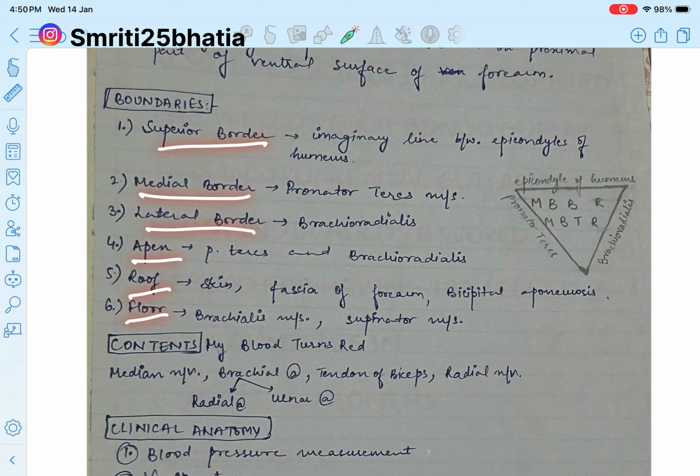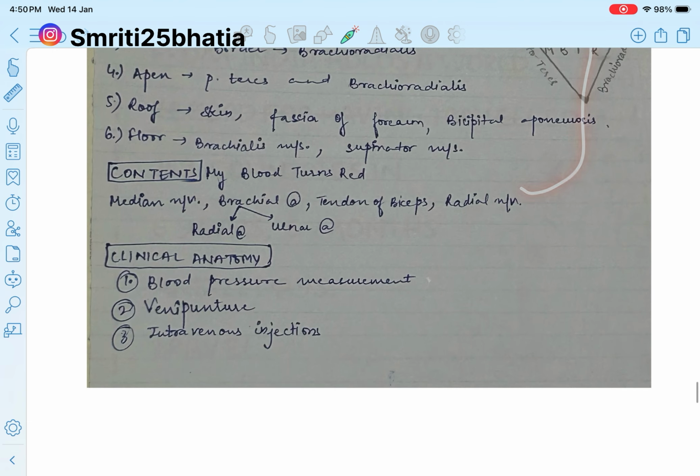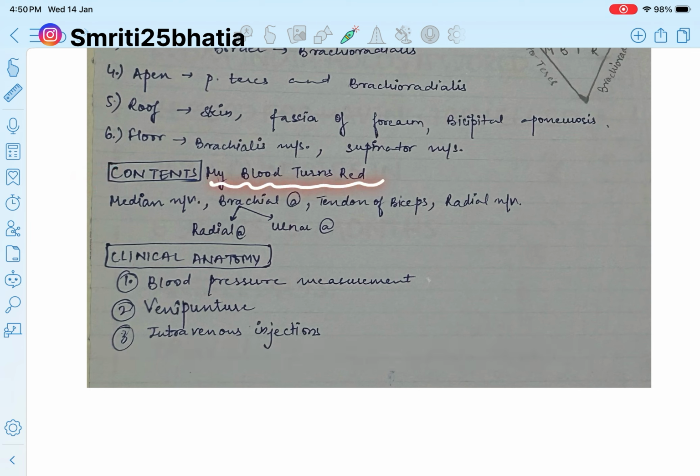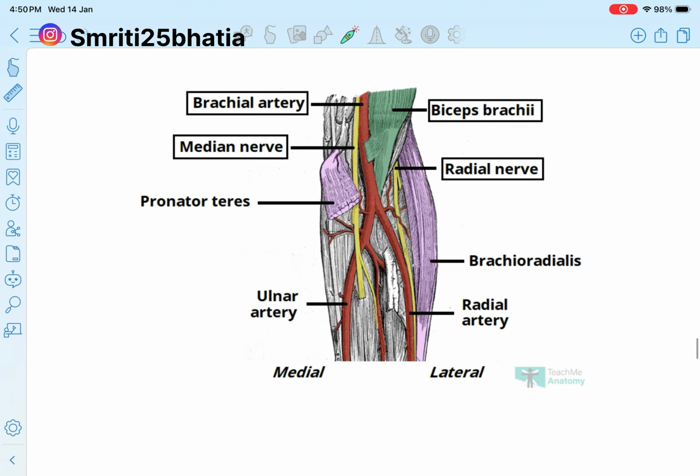We have studied all these things. And next we have the contents. We studied the mnemonic, my blood turns red: median nerve, brachial artery, tendon of biceps and radial nerve. The brachial artery divides into the ulnar artery and the radial artery when it goes distally.